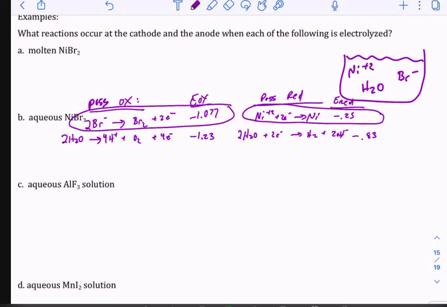So your overall reaction will be 2 bromide ions plus the nickel ion forming diatomic bromine and nickel solid. And then the cell voltage will be the sum, which is going to be here inherently a negative value.